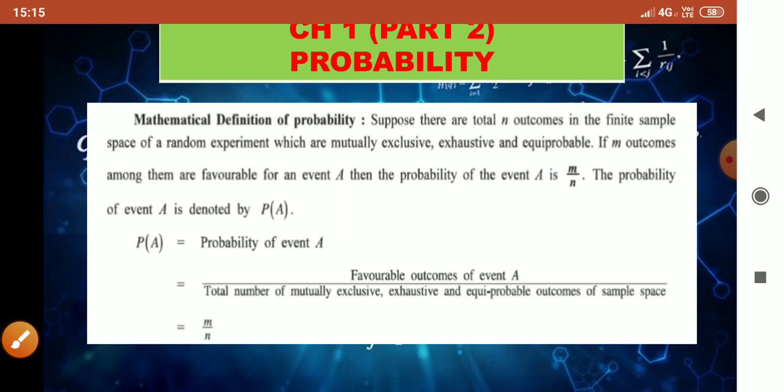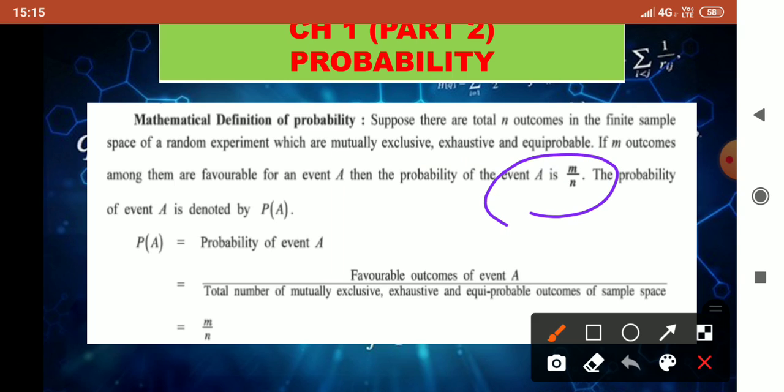So if m outcomes among them are favorable for an event A, then the probability of A is known as, here what is P of A? P of A is m upon n.